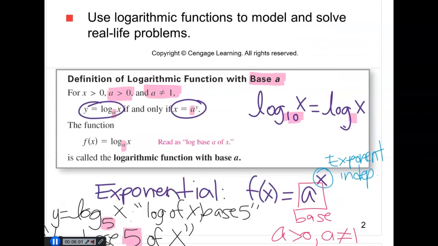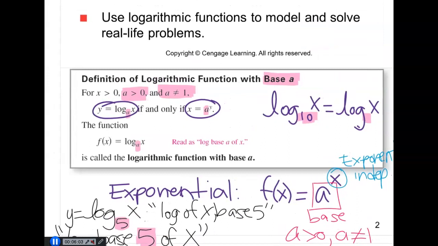And I want to make a little emphasis here of the statement "if and only if." So we're saying that y equals log of x base a. We refer to x as the argument, and the argument is what you're taking the log of.